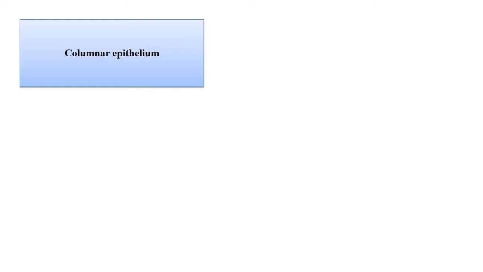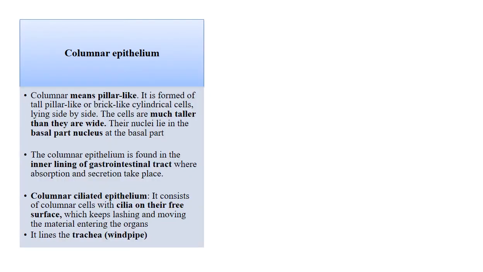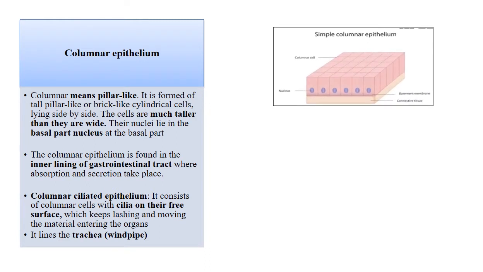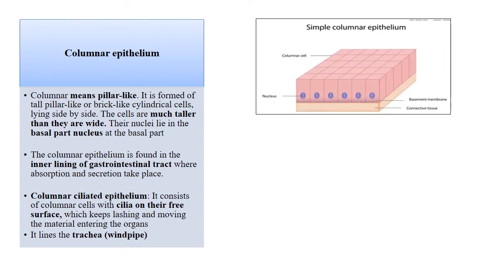Columnar epithelium. Columnar means pillar-like. It is formed of tall, pillar-like or brick-like cylindrical cells lying side by side. The cells are much taller than they are wide. Their nuclei lie in the basal part.